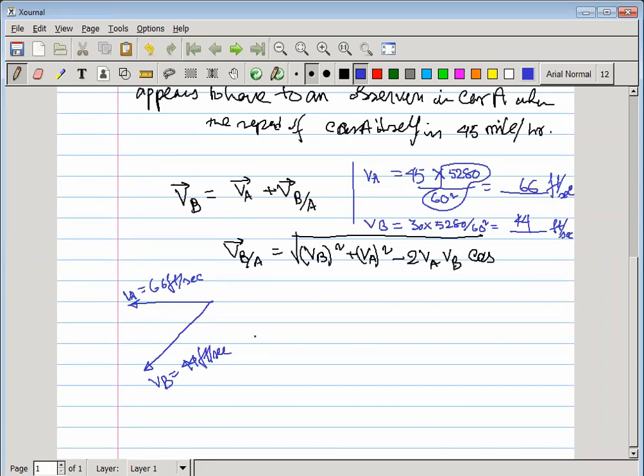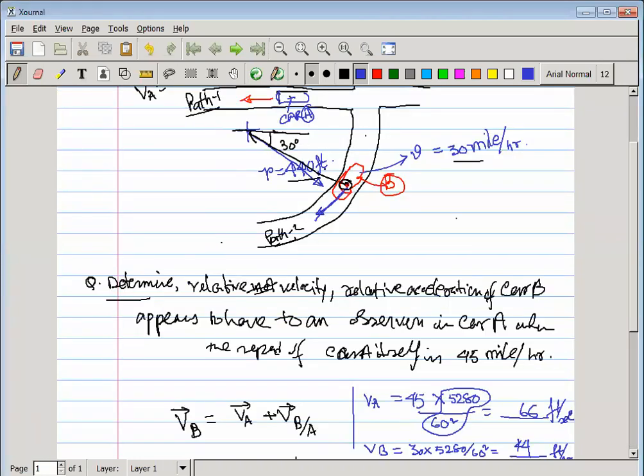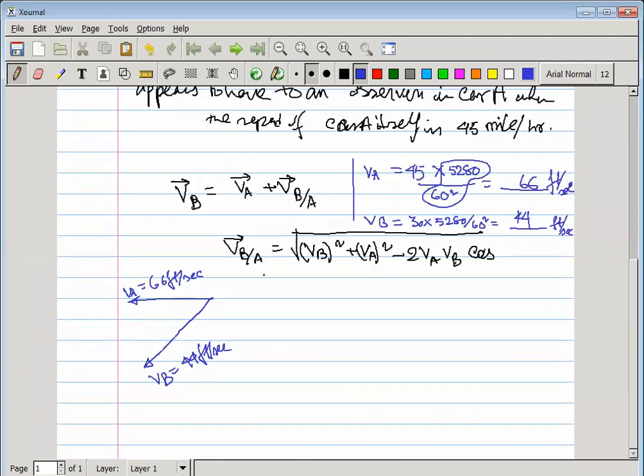Clear? And as per the question, the position of this car is 30 degrees with respect to the horizontal, so here it should be 60 degrees. Now we have to find this angle theta. We do not know this.